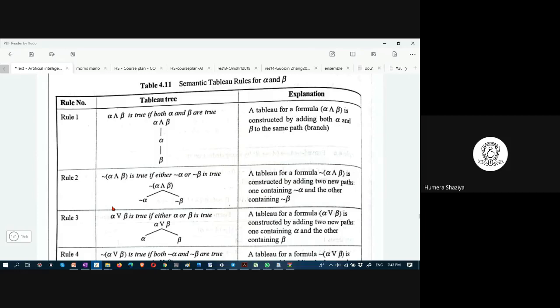The explanation is that the tableau for the formula alpha and beta is constructed by adding both alpha and beta to the same path. Look here, this is the same path.